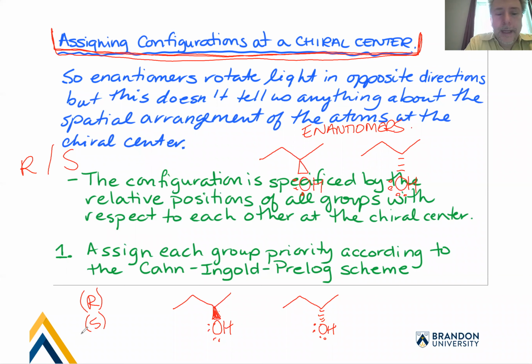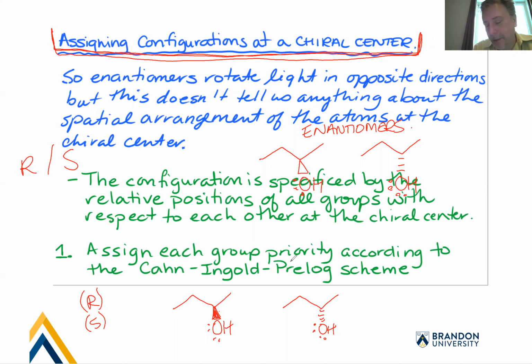And the way that we do that is that we assign a priority to the various substituents. The first thing we're going to do is assign a priority and rank them from highest priority to lowest priority.